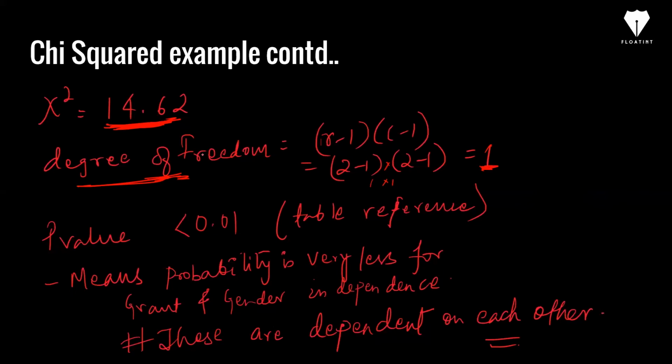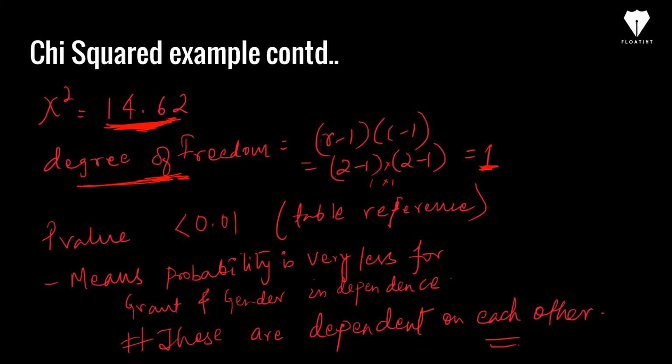Now, using these two, I will get the probability. If I have set the null hypothesis that these both are independent, and the probability of both being independent comes out as high as 0.756, or 0.6, or even 0.2, 20% probability, then I'll say this is a high probability and both are independent.